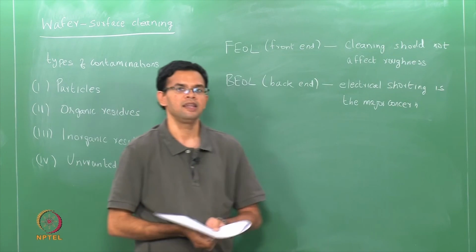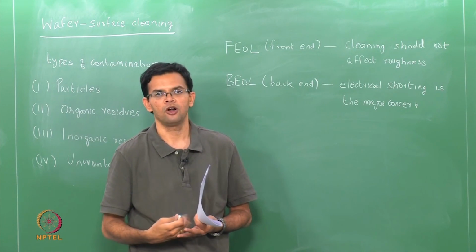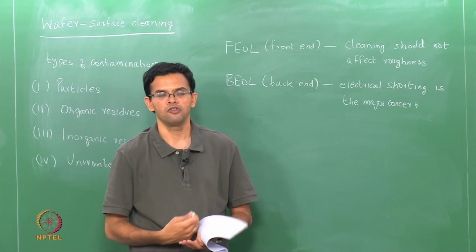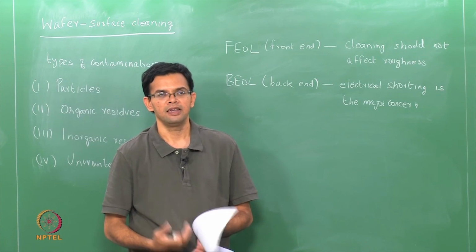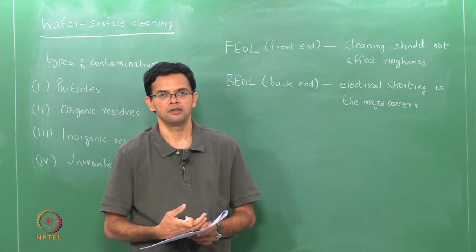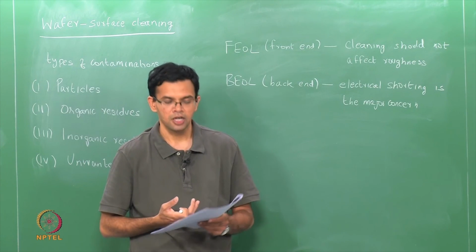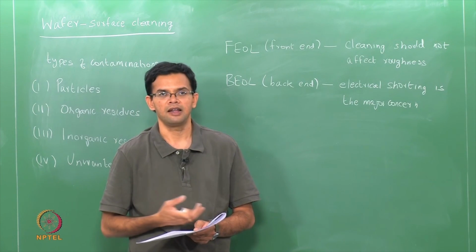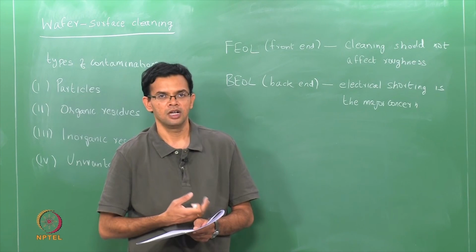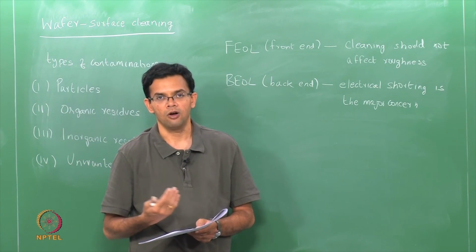So, wafer cleaning essentially involves some sort of particle removal, usually by blowing air, and then chemically cleaning the surface with a mixture of acids, usually sulfuric acid and hydrogen peroxide. This is to remove any unwanted oxides.